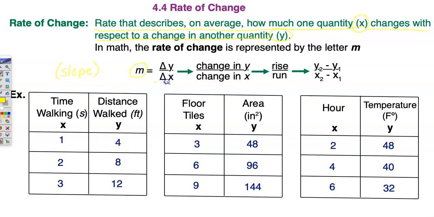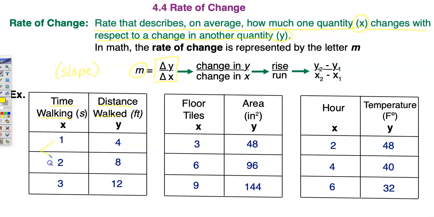So the other thing listed here, rate of change is also our change in y over change in x. If we look at the charts at the bottom, in time walking versus the distance walked, as time increased, the distance then increased.